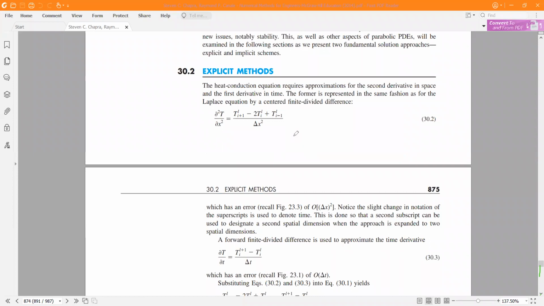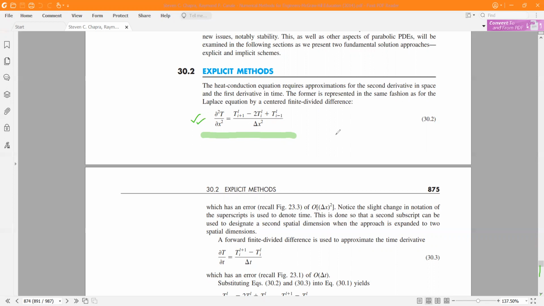So you see a two subscript system is used here to designate your two types of indices. If we examine this equation, you can see that your second derivative is approximated by using 3 points in space at a particular time L, if the L index is for time and I index is for space.